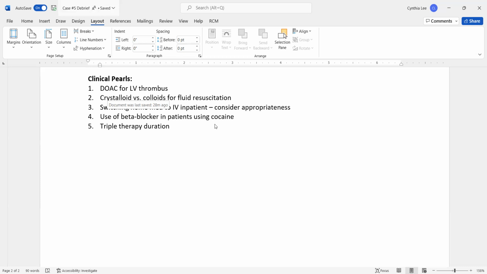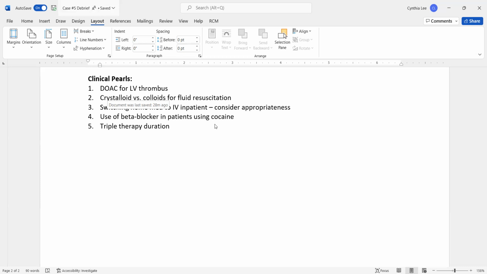All right, and then there is also confusion, and also some facilitator wants to bring this up about the use of beta blocker in patients using cocaine. If you search into it, like beta blocker use in patients using cocaine, some articles were mentioning you should avoid beta blocker in somebody who's using cocaine, just because it can cause spasm, which can cause a heart attack essentially, or heart failure.